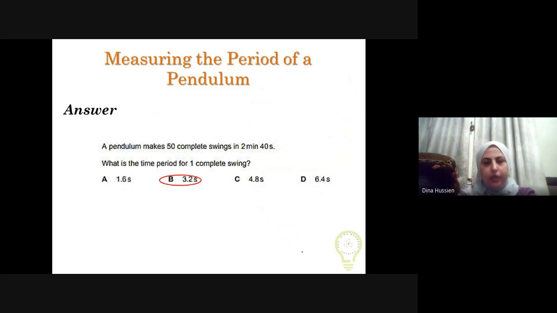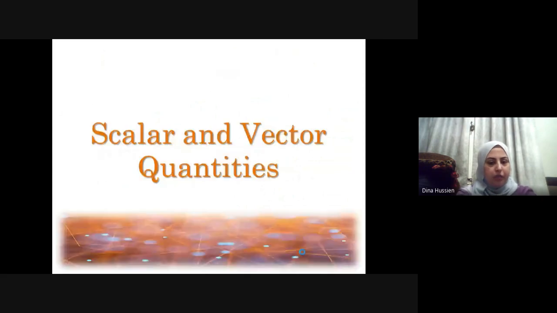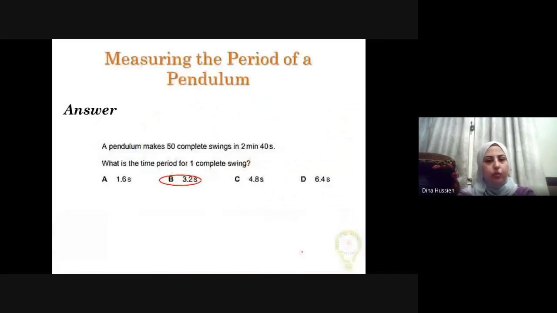Okay, so as you can see, the answer is 3.2 seconds, which is the answer B. Before I go through this, we need to solve one more on it. So let's open the past papers, the classified one.